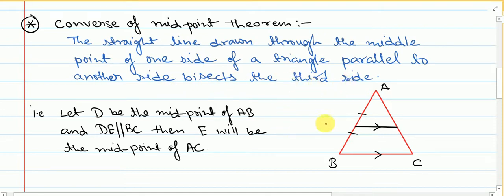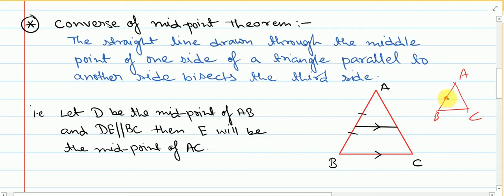Okay, so here it is trying to say that, let's say you have a triangle ABC, and let's say midpoint of AB is here. Okay, and you draw a line which is going to meet AC, and that line has to be parallel. So you are drawing a line parallel to BC from this point.